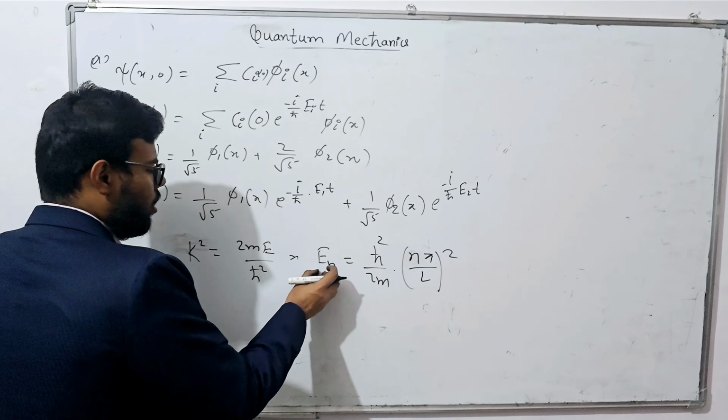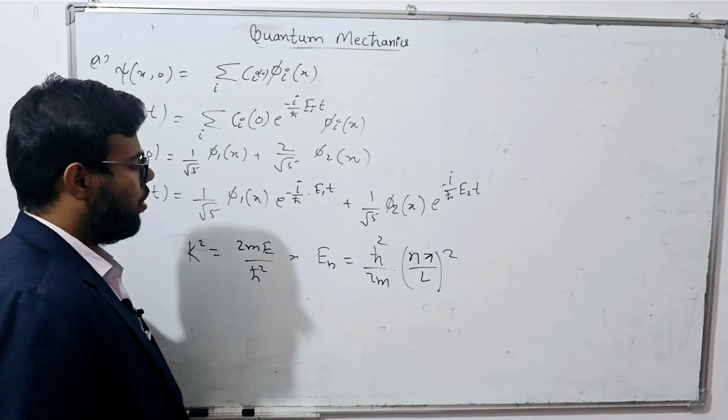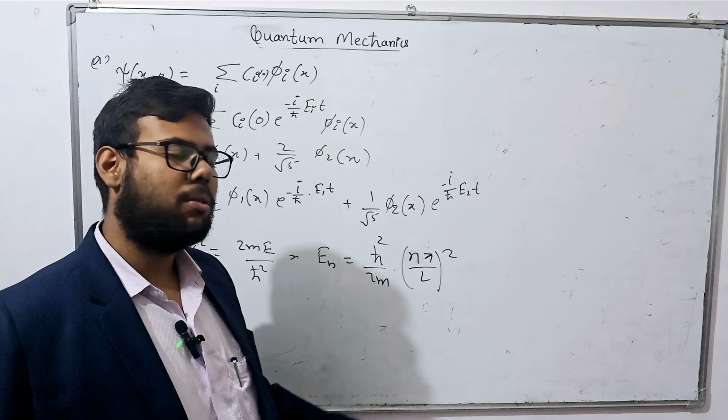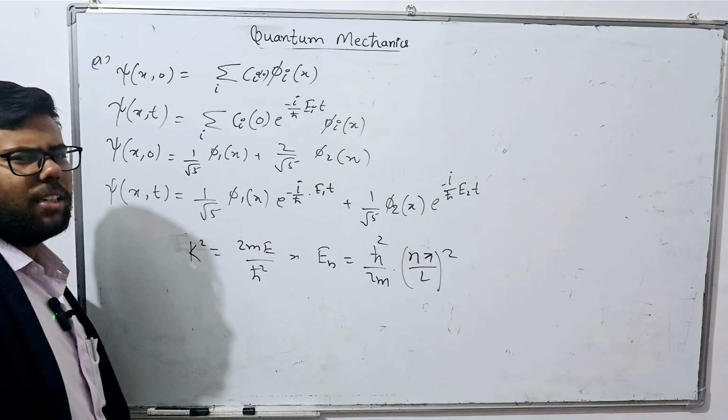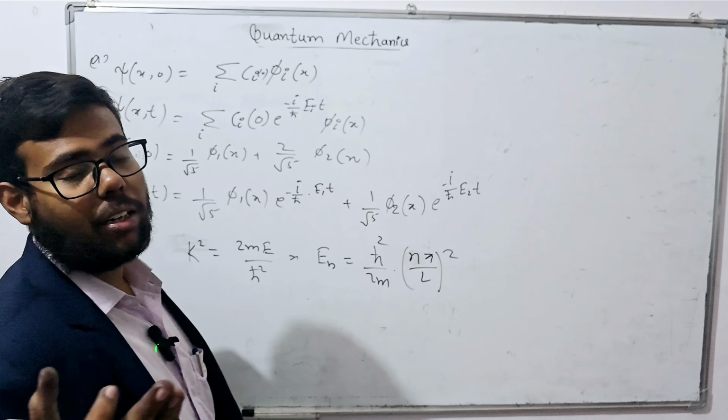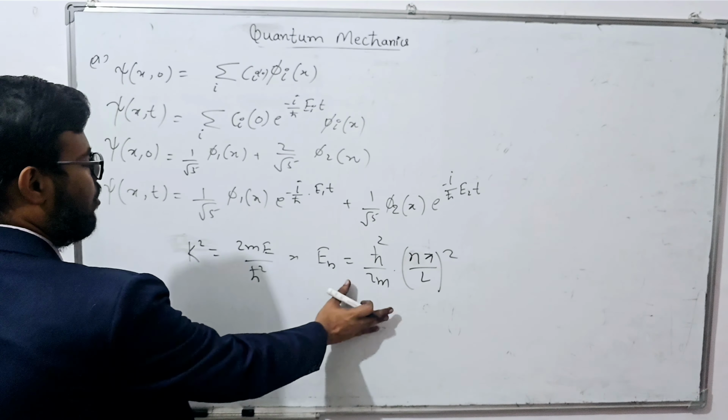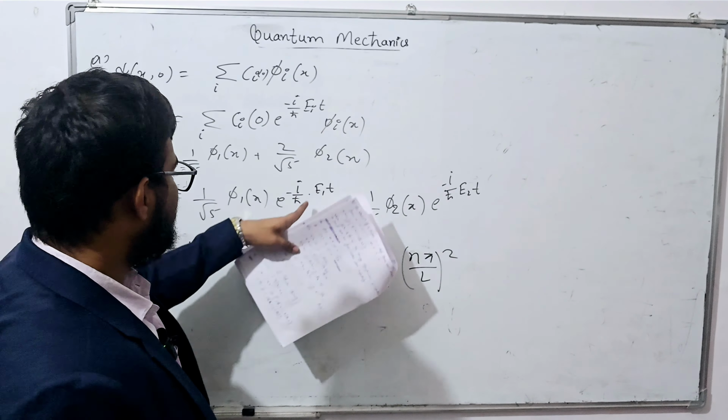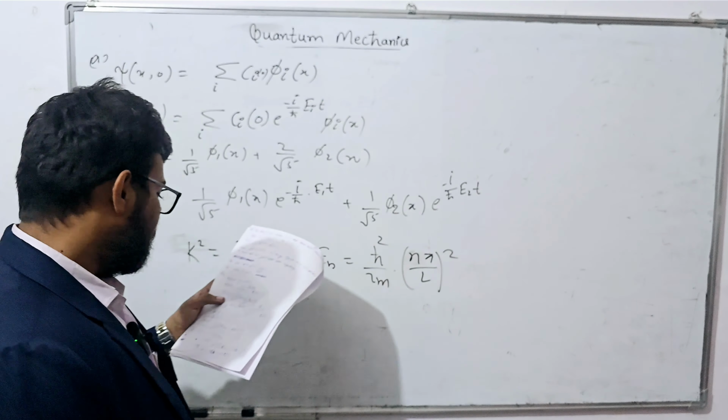We had got this now. So E1 when you substitute 1, and E2 when you substitute 2, and so on and so forth. You can watch that 1D box problem, in which we had calculated the eigenvalues. So this is E1 and this is E2 over here.